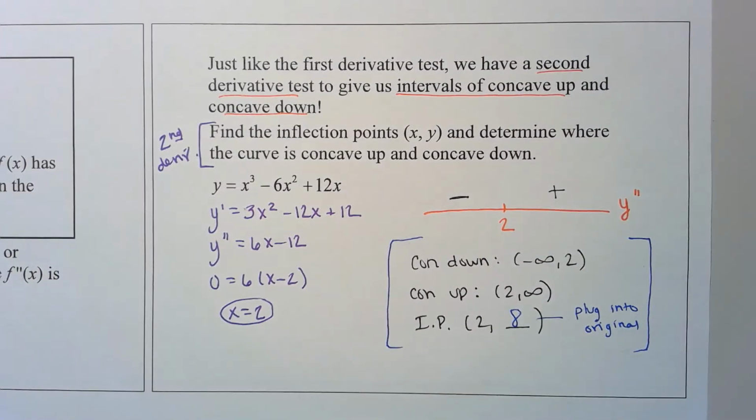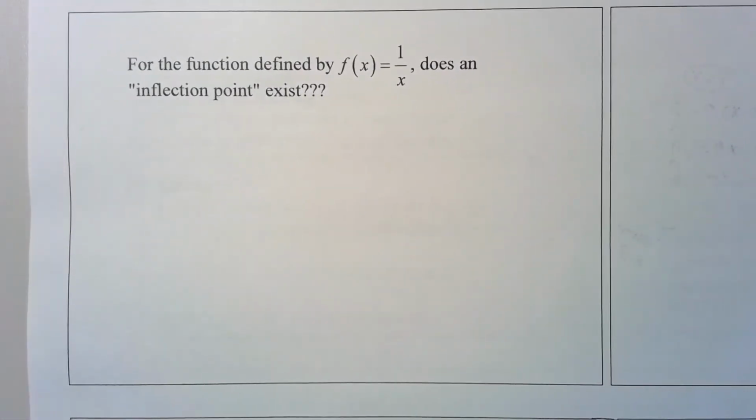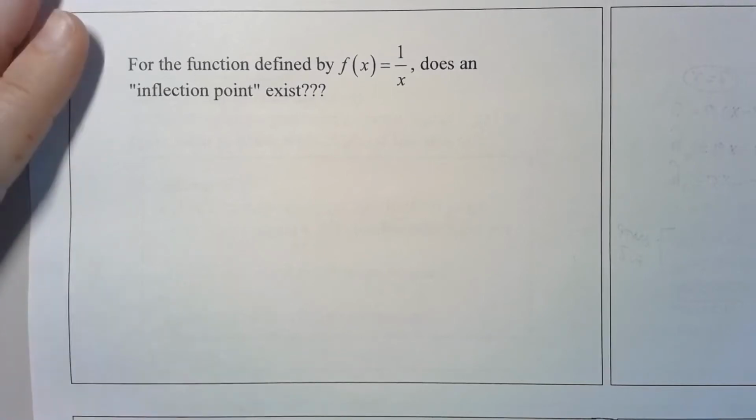All right, I'm going to flip it to the back. You pause if you need to. So let's take a step back and make sure we check our definition. It says, for the function defined by f of x equals 1 over x, does an inflection point actually exist? Okay, we could do this a couple of ways, but let's use the derivative.